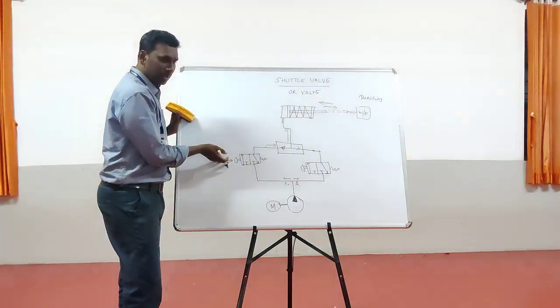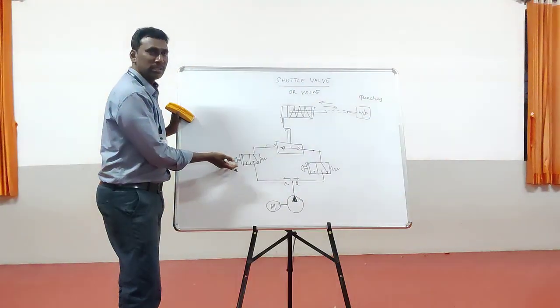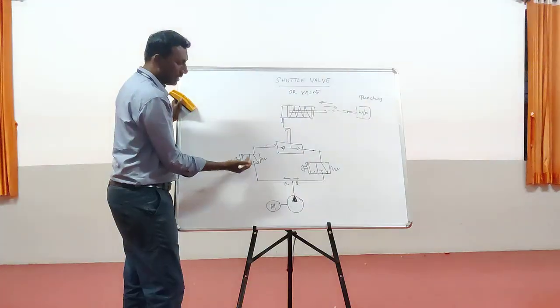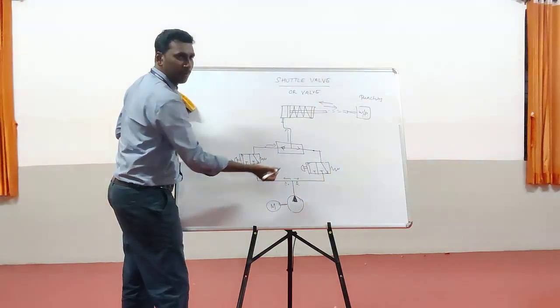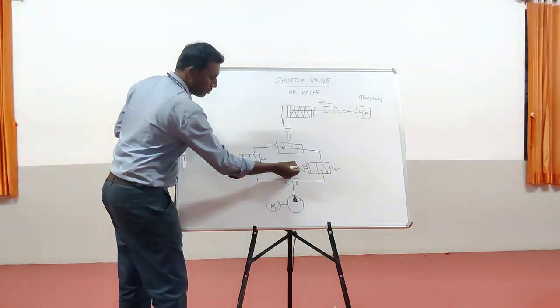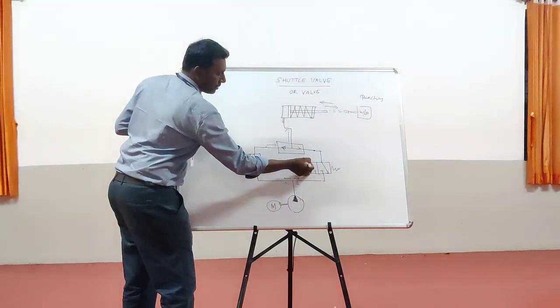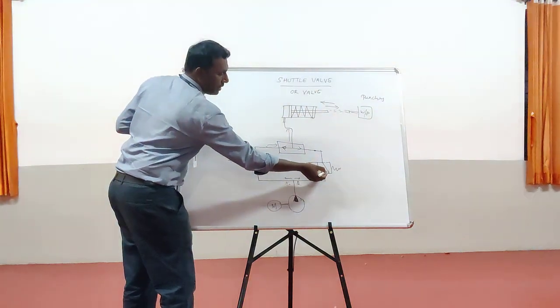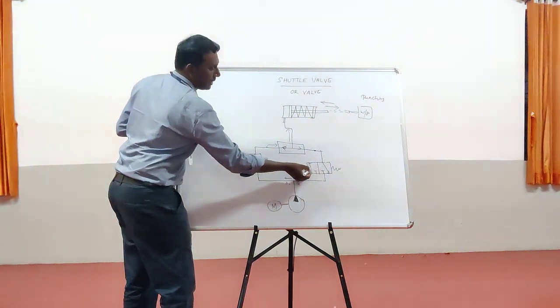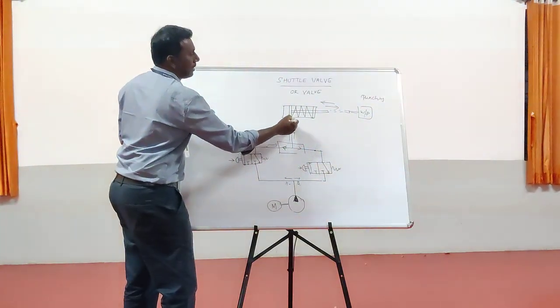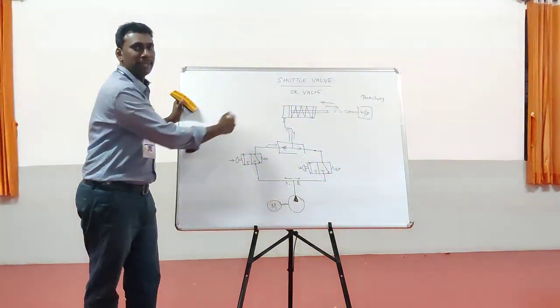Like that, I am explaining only the left side input of the DCV. Likewise, this DCV is also enabled. If you press this push button, the fluid also flows through this port. This position will disengage and this position will engage, and this fluid will flow through this line and the cylinder will be actuated.